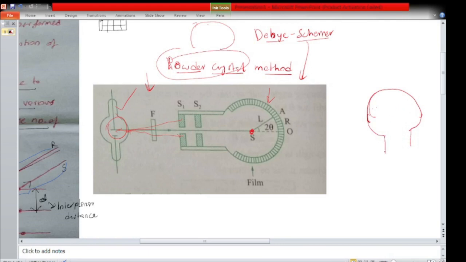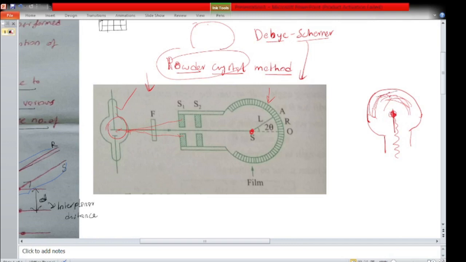Inside this there will be a photographic plate, and at the center of this we have the sample. The X-rays come in this direction and hit the sample, and after hitting the powdered sample, they will be reflected as we explained.